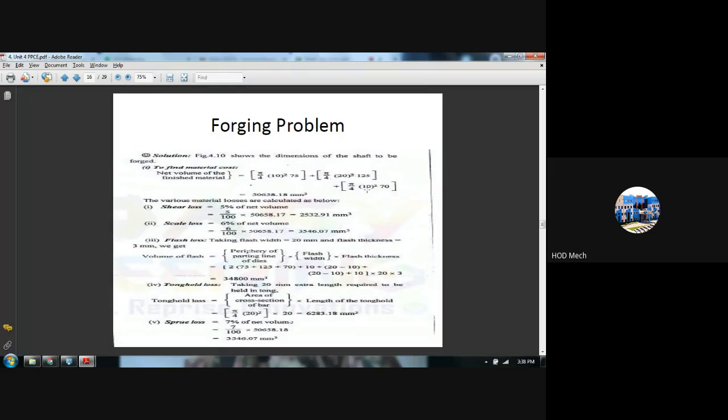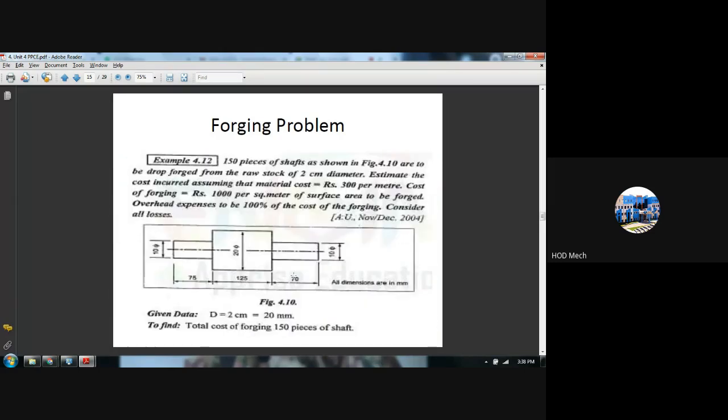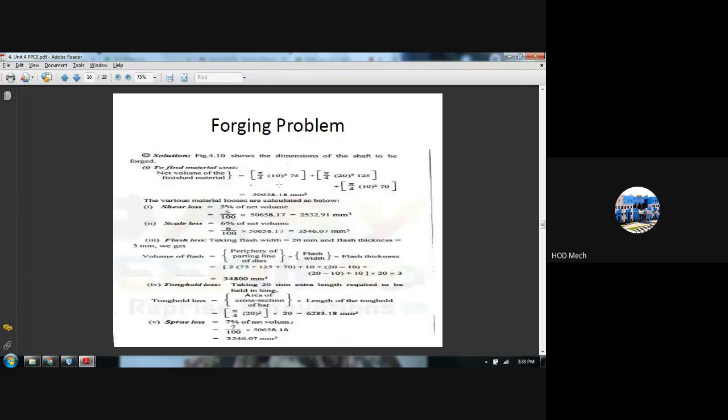Plus pi by 4 into 10 square, diameter is 10, whereas length is 70. When you substitute all the values, you arrive at a final numerical value, which is called the net volume.